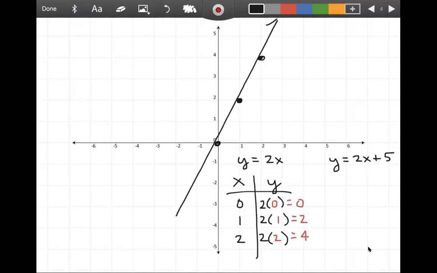Okay, now y equals 2x plus 5. I'm going to do a little something different with this one, and I'll explain why in just a second. Instead of x equals 0, 1, 2, I'm going to do 0, -1, -2.